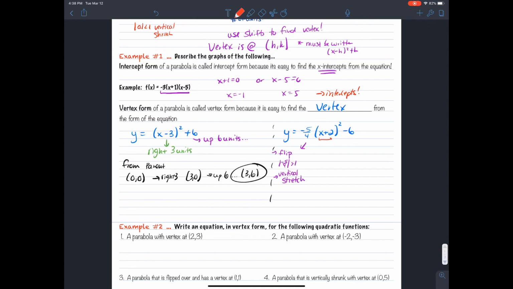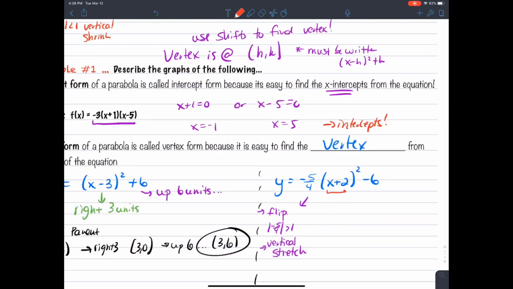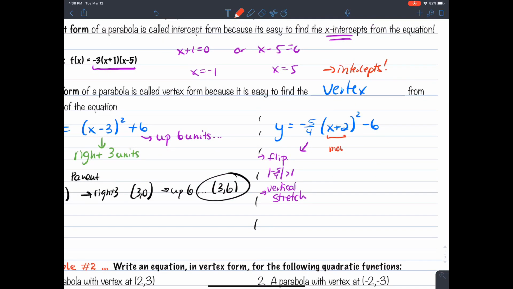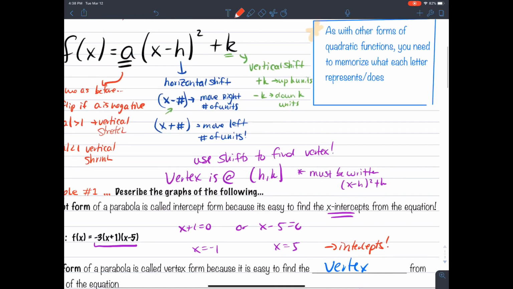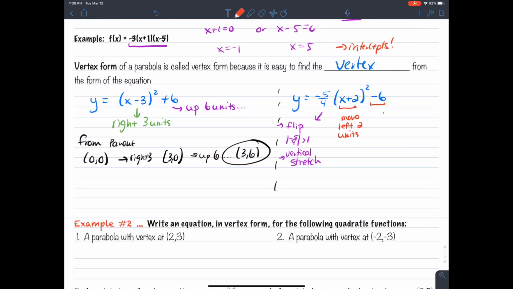So here, since I see a plus 2, according to our notes, a plus means we're going to move left, actually. So this would move left 2 units. The minus 6 at the end would tell us if it's minus, we're going to go down that number. So this is going to force us to move down 6 units.